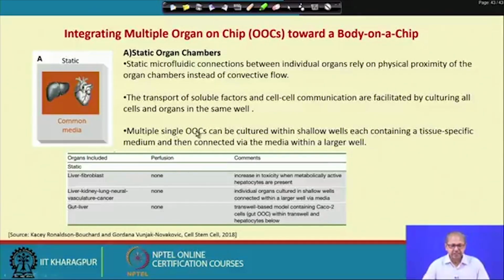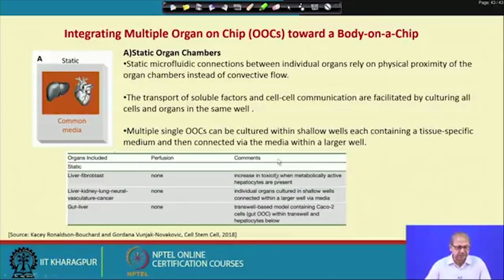That is, multiple single organ on chips can be cultured within shallow wells, each containing tissue specific media and then connected by the media within the larger wells. So, this is the first module, and the drawback of this module is that there is no convective flow like what happens in our body.